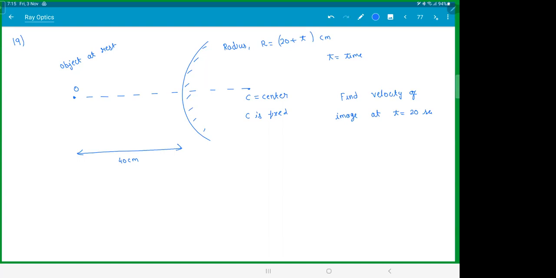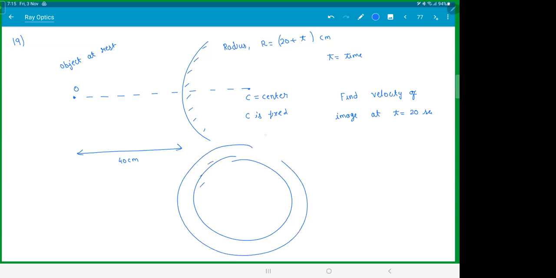How the radius is changing, don't worry about it. Maybe it's some kind of a balloon which is silvered, and when you're blowing air, the balloon is increasing in size. So it's an expanding mirror.